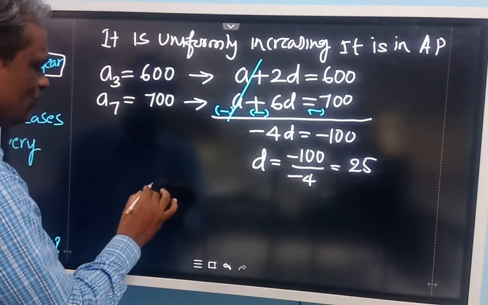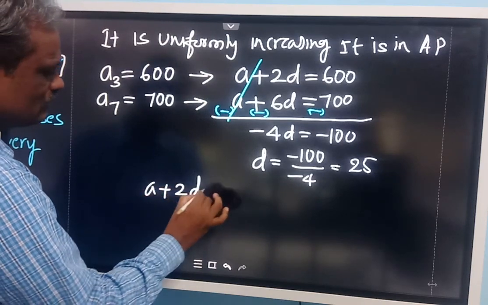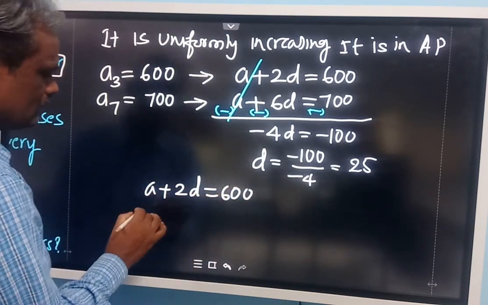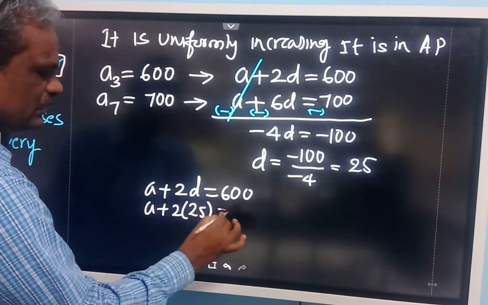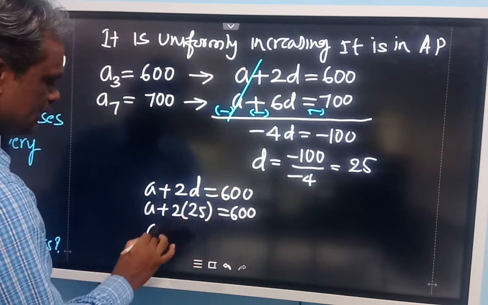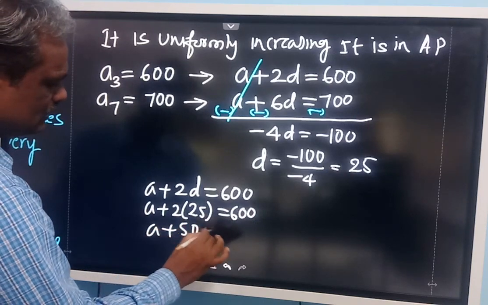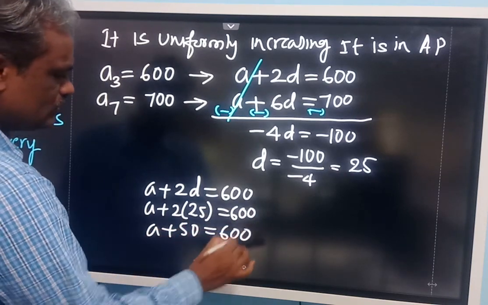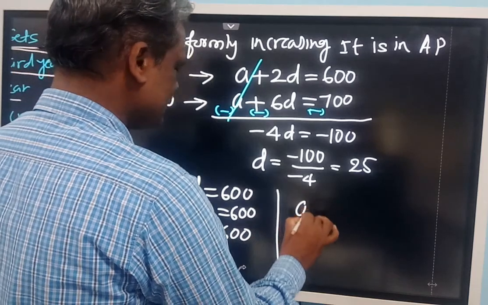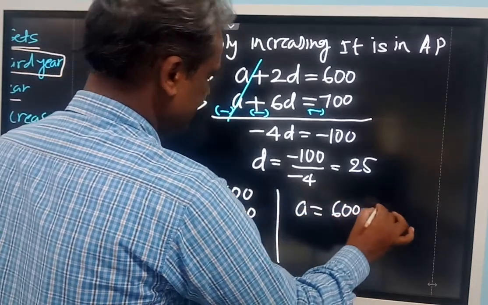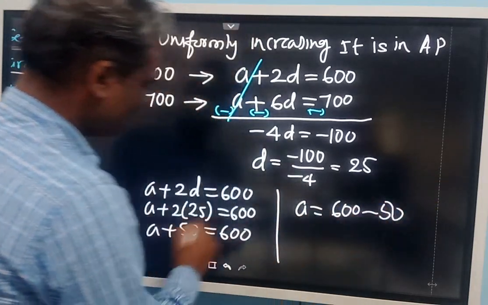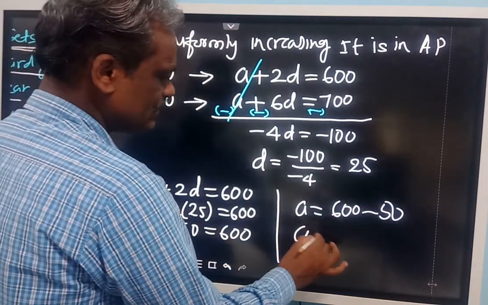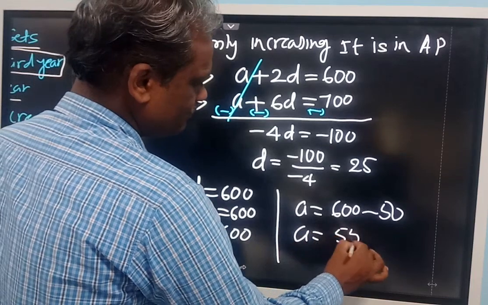Substitute in any one of the formulas. A plus 2d is equal to 600, so a plus 2 into 25 is equal to 600. So a plus 50 is equal to 600. Transferring the 50 to the right side, a is equal to 550.